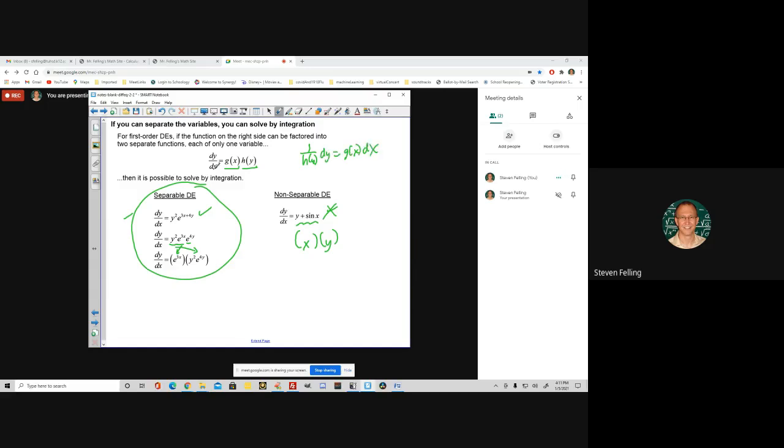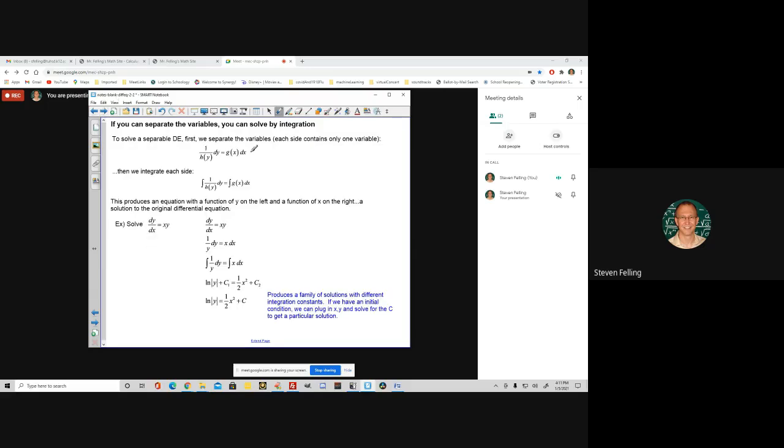And that means that by multiplying the dx to this side, only the x's are over here, and then we divide out the part that's y over here. We've separated this into a y half and an x half. Okay, if we're able to do that, then the process is just to take the integral of both sides.